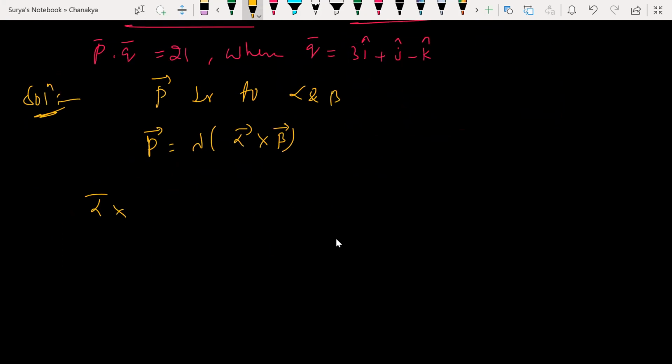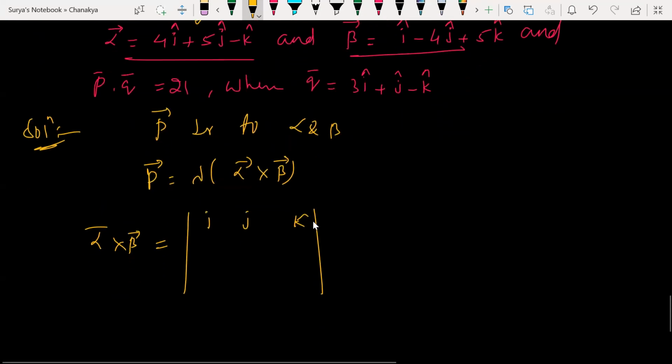First alpha beta find out कर लेंगे. Alpha cross beta. So what is the answer? I J K. Sir, I used this method only, sir. I thought you were asking about some other method. No, beta. Absolutely, I was expecting you to tell the same method only. Okay, 4, 5, minus 1, 1, minus 4, 5. Look at this. What is the answer here? इसको calculate कीजिए. So 25 minus 4.